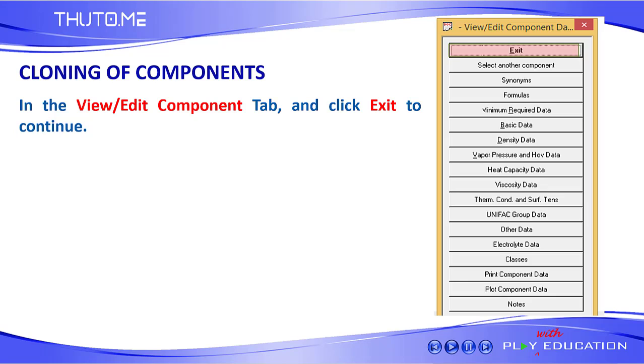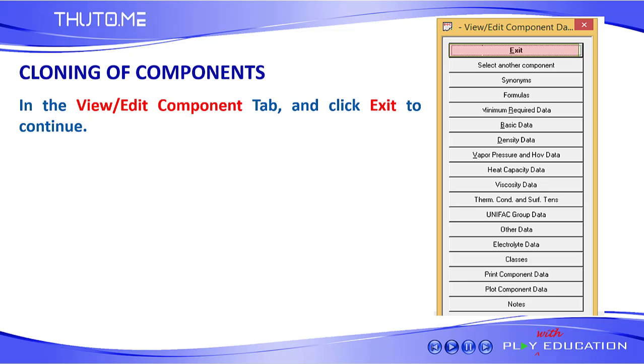As you can see here, you have a number of properties that you can change: the basic data, the density data, the vapor pressure data, the heat capacity data, viscosity data. We are not going to touch any of those because we are going to leave them to be that of sucrose. The only thing that we wanted to change was the molecular formula and of course the name.